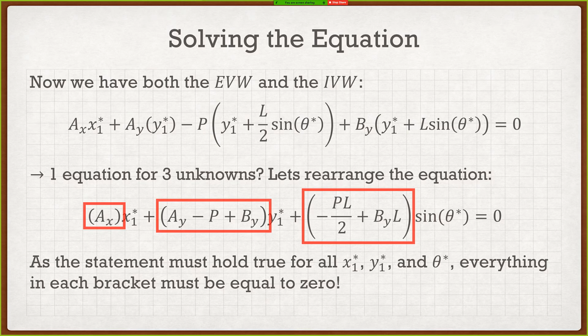And finally, negative PL over 2 plus BY times L is exactly the expression we would get if we took the summation of the moments about point A. So that's a good way to make sure that you're on track. Compared to the actual static process of equilibrium, you should get the exact same answers.